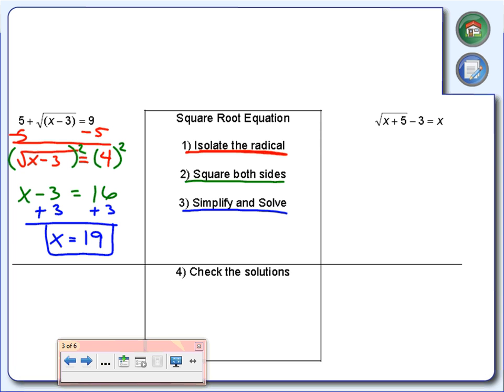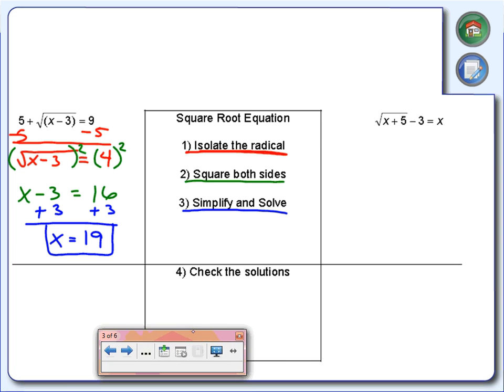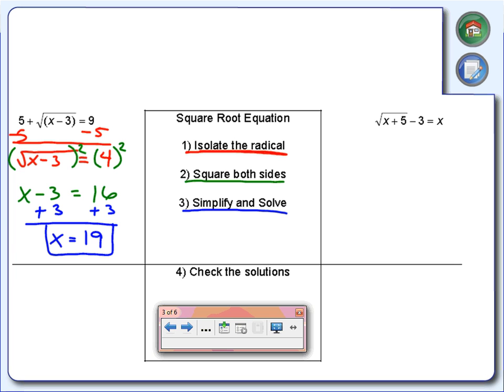Can I check it to make sure I got the right answer? Sure we can. We can always take that 19 and substitute it back in, just to make sure we have the right answer. So x is coming out, and I'm replacing it with the 19, and it should equal 9 when I get done.